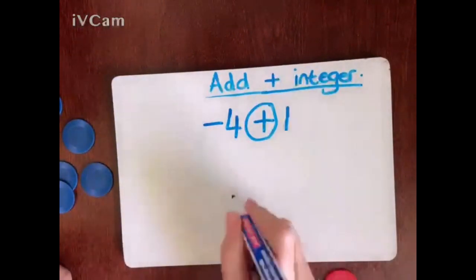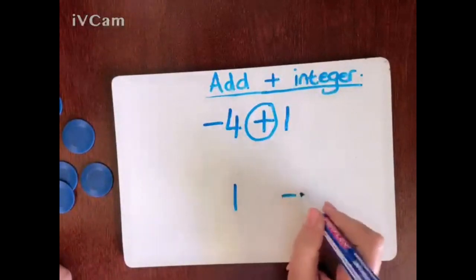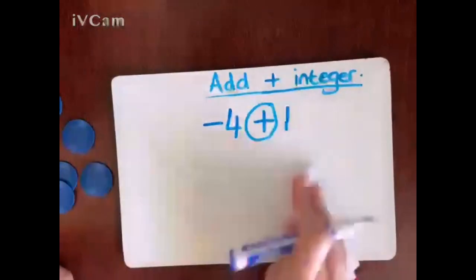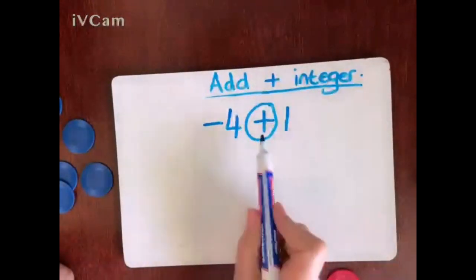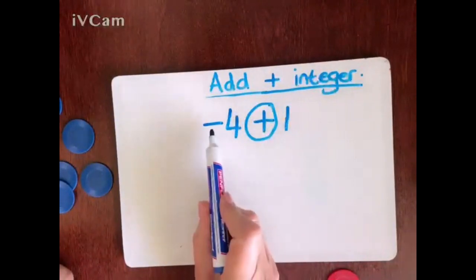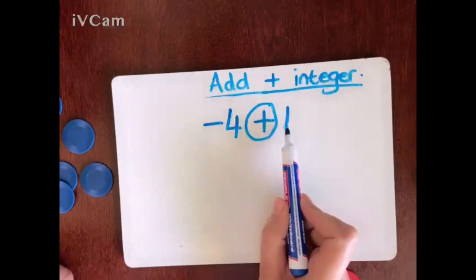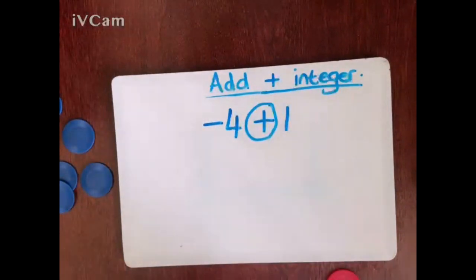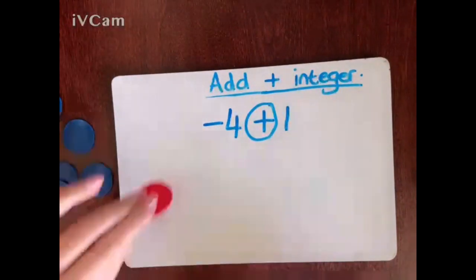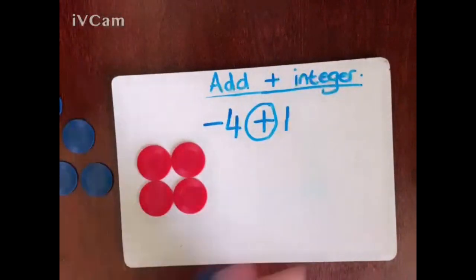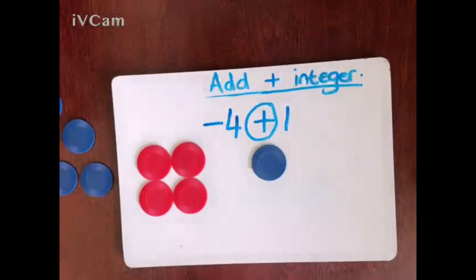But if I want to talk about -1, I need to write that negative. All right. So what actually stands here is we are adding 4 negative discs to 1 positive disc.